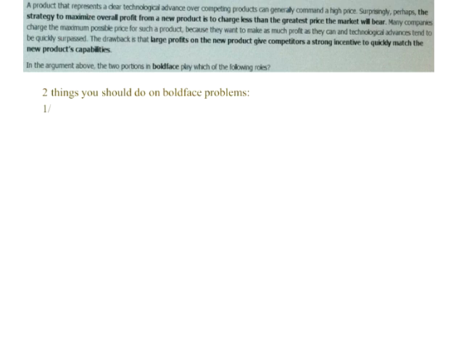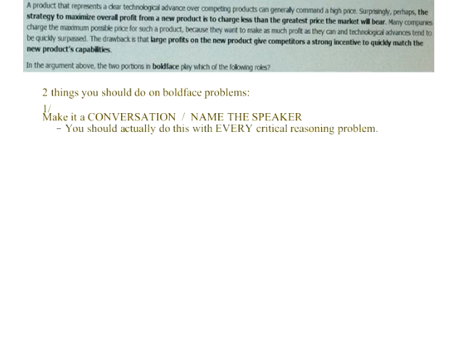The first thing you should do is make it a conversation, or name the speaker. You should always do this, including on other types of critical reasoning too. You should actually do that with every critical reasoning problem.